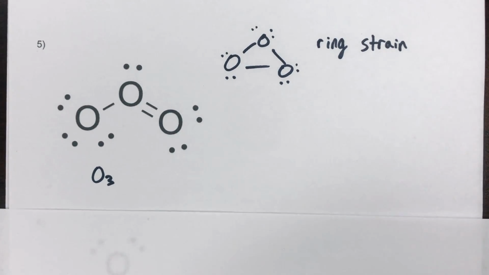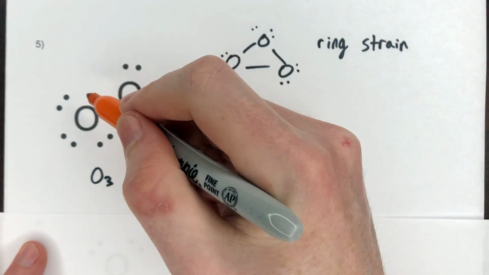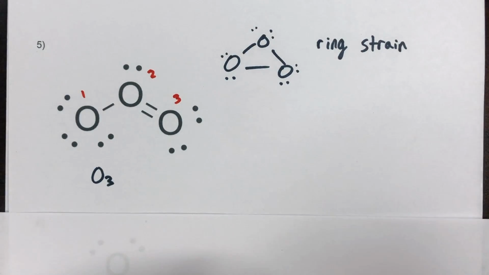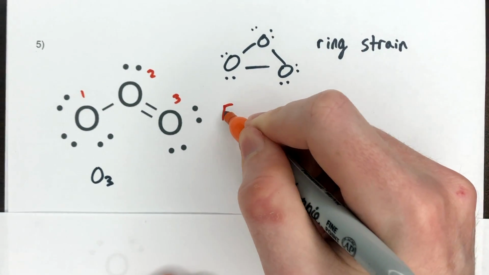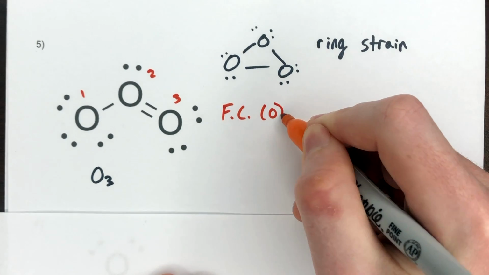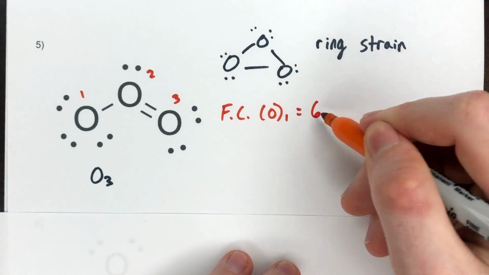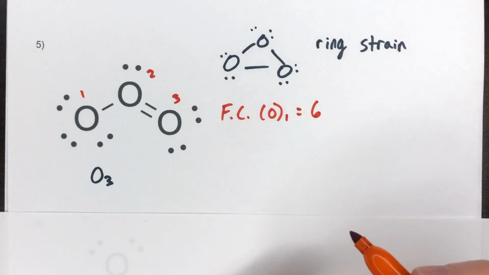So now let's look at each of these oxygens in terms of formal charge. They're all different, so I will label them 1, 2, and 3 to distinguish them. Our formal charge at oxygen number 1: we know oxygen has 6 valence electrons, if we look at our periodic table, as we've done a couple times now.